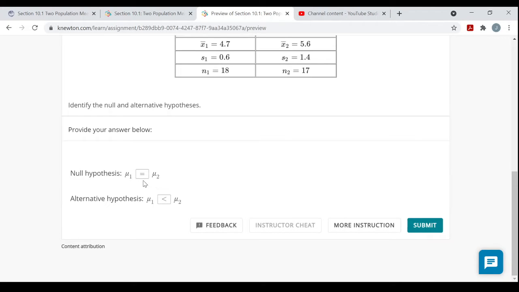Okay, so they're just putting what they assume. So stick to what you've been used to doing when you're filling out these steps. In the null hypothesis, we're assuming that mu1 equals mu2. And as I mentioned, the alternative hypothesis was that mu1 was less than mu2.